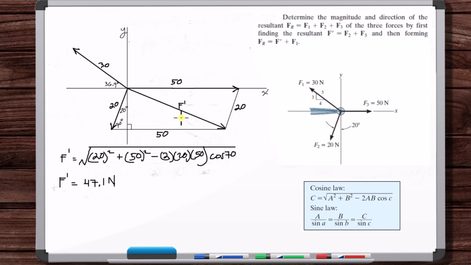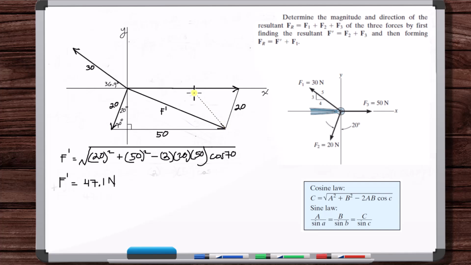Okay, so are there any other angles we can get right now? Well, let's do this. Let's go ahead and draw F prime plus F1. Let's move this here. That there. Let's erase this. So if we're going to draw a parallelogram between F prime and F1, it's going to be a skinny parallelogram.